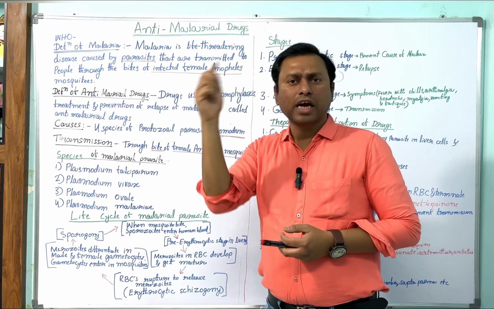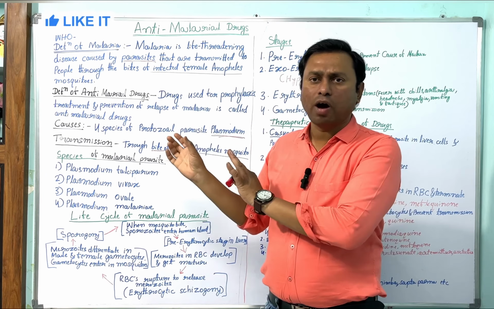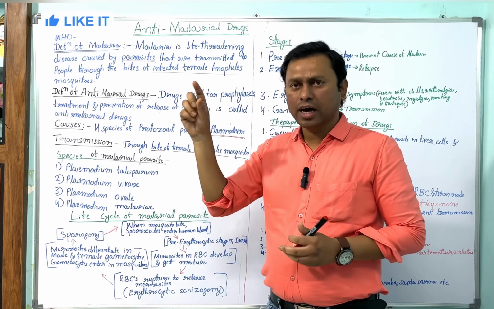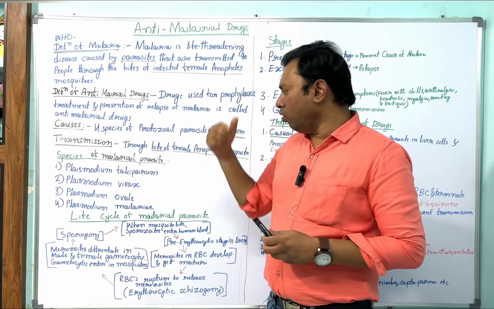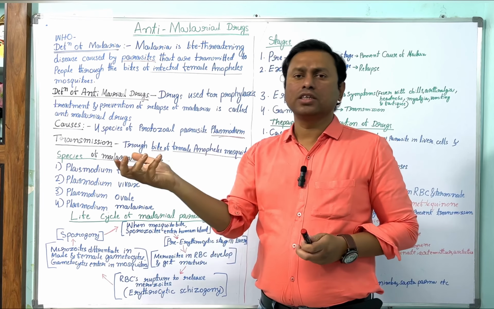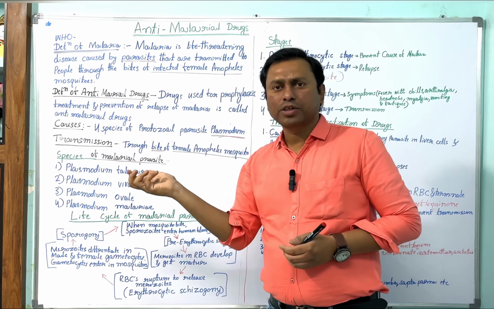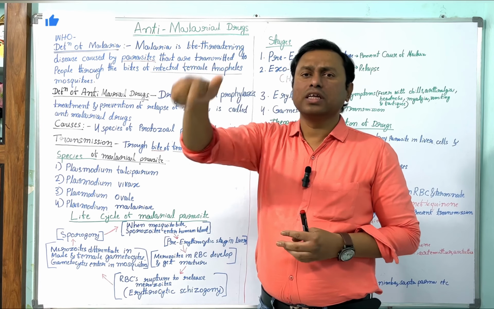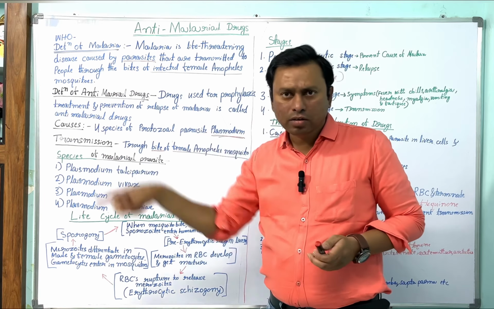The male and female gametes form zygotes, sexual reproduction continues in the mosquito, and sporozoites are produced in that mosquito. Again, whenever it bites the next person, the cycle will repeat.